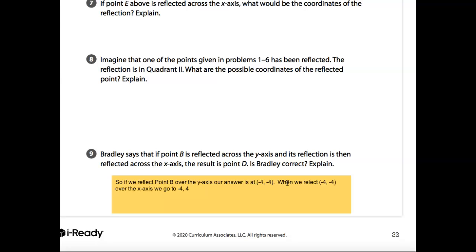Now let's look at our grid and see if that's where point D is. We should have (-4, 4), but point D is (-2, 4). So Bradley is incorrect because we just found out why.